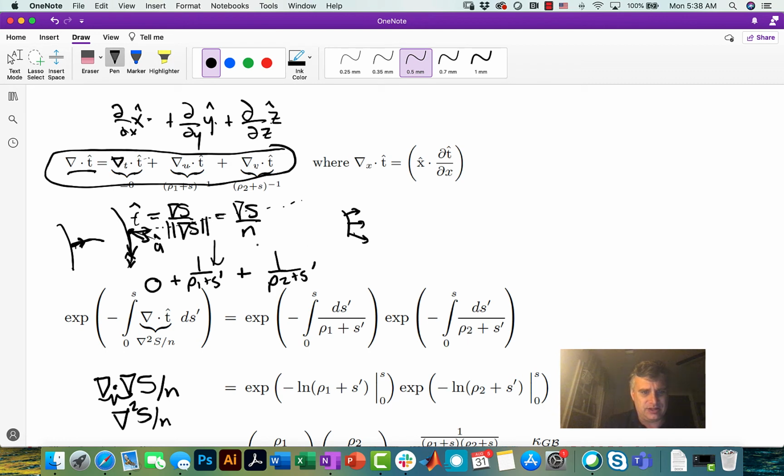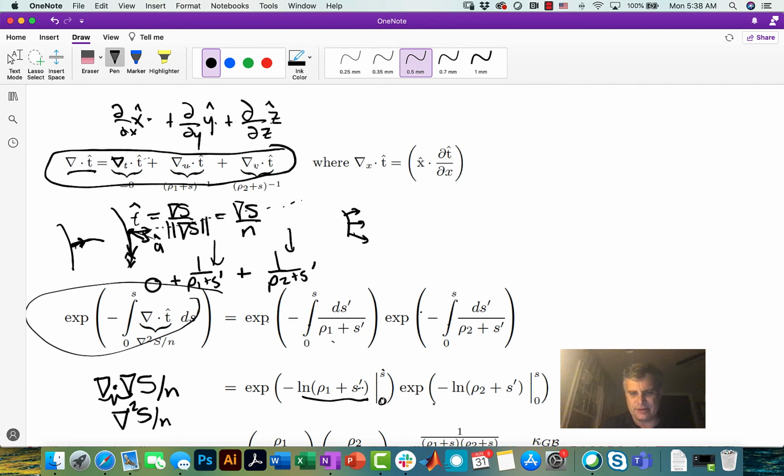If these are the radii of curvature that correspond to the directions of u and v along the surface, this whole integral can be written as these two integral products. These integral forms are logarithmic in nature, so I have minus the log of rho sub 1 plus s prime evaluated from my starting point to a distance advanced s.